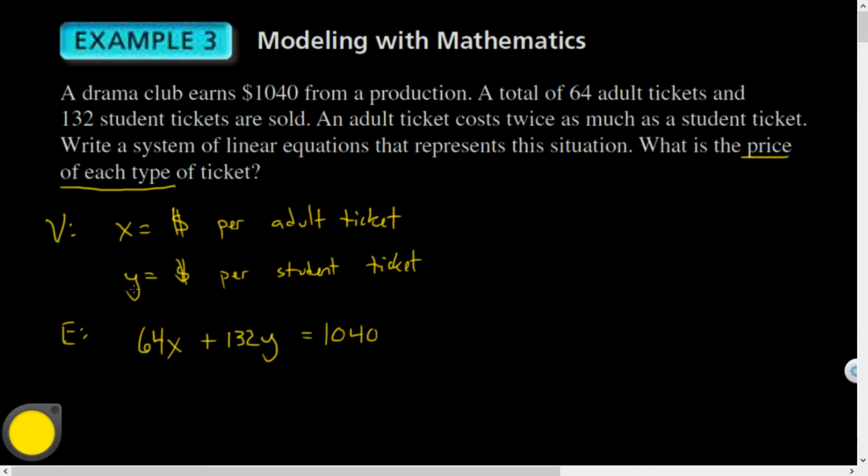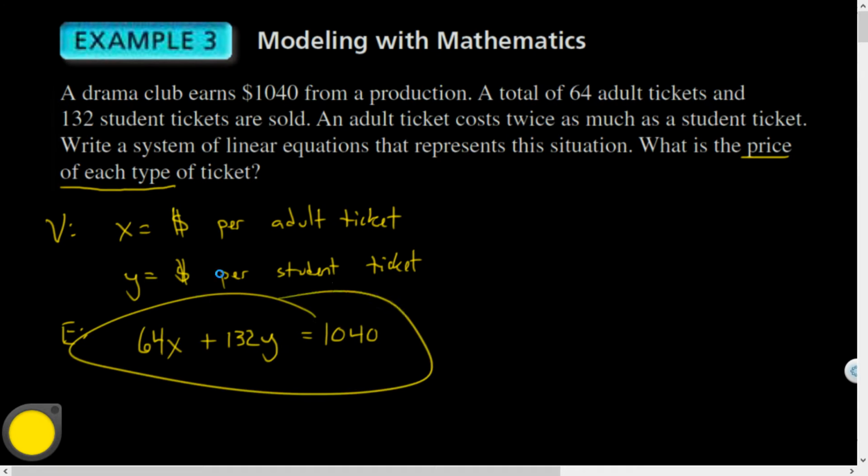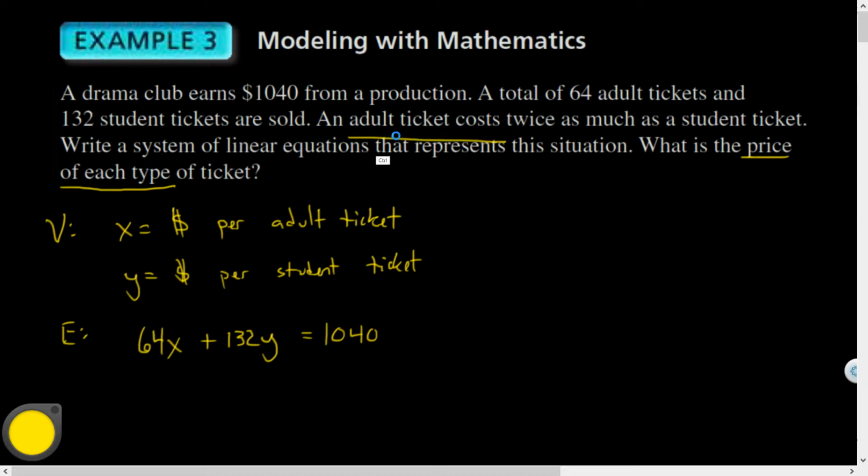I've got two unknowns. If I'm going to solve this mystery, I need another clue, which will be related to this fact. It says an adult ticket costs twice as much as a student ticket. Does anyone have a guess as to how I could write an equation that represents that fact? An adult ticket costs, so the adult ticket price is x. How does x relate?